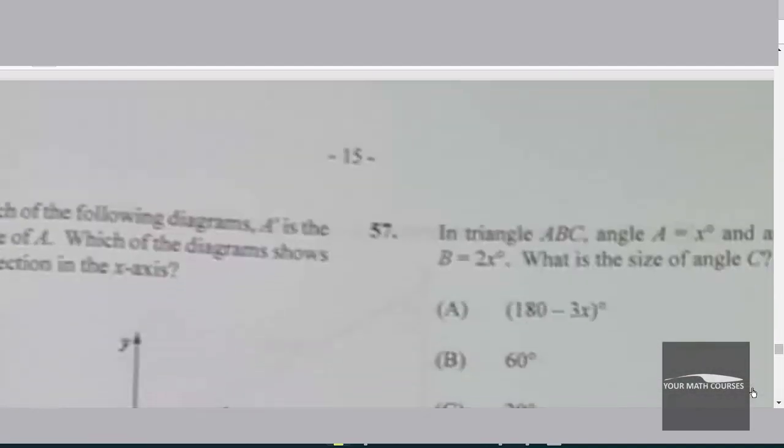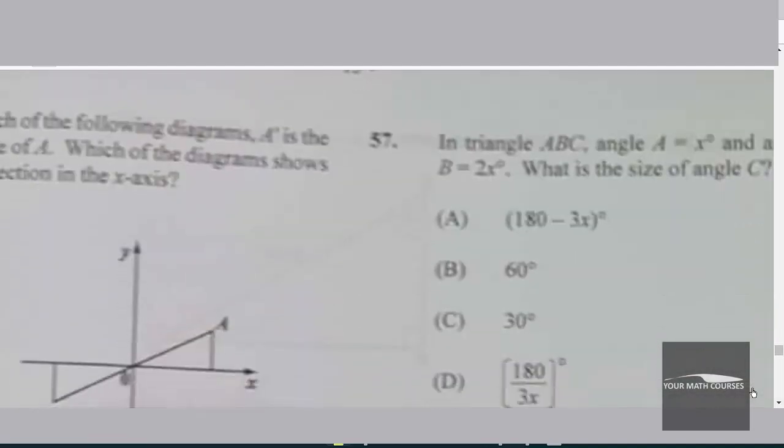Now, let's look at item 56. In each of the following diagrams, A' is the image of A. Which of the following diagrams shows a reflection in the x-axis?